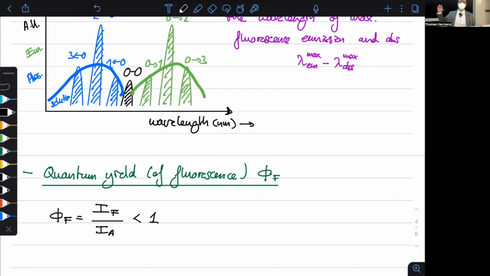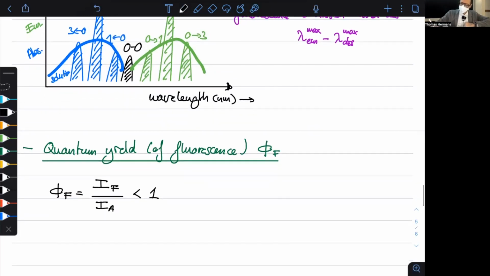So what does it mean in percentages? If I shine 100,000 photons on the beaker and it emits 100,000 photons, my quantum yield is 1 or very close to 1. Right, so we are going to look at some different intensities. We have the intensity of absorbance. We have intensity of the incident light.